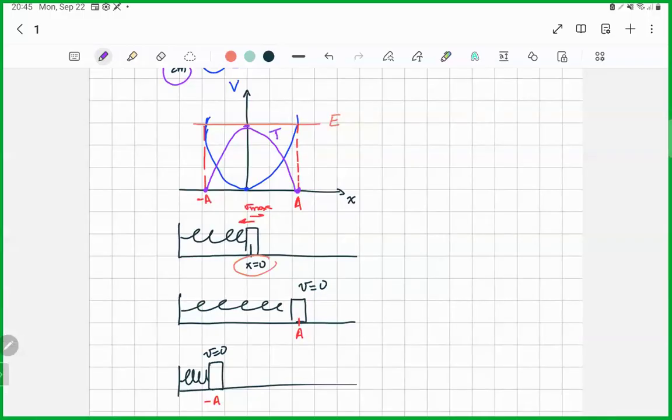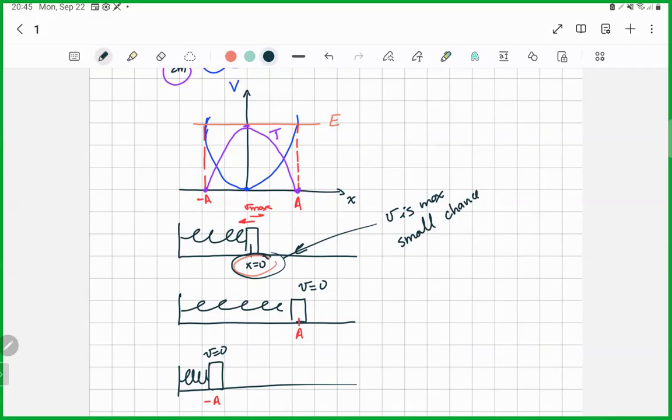So that's what we know from classical mechanics. So let's think a little bit. You see that right at this position here at x0, when the velocity is maximum, I have a very small chance of finding the particle there because it passes very quickly. So small chance to find our classical object there.